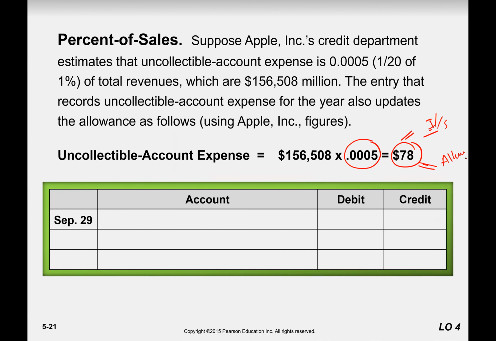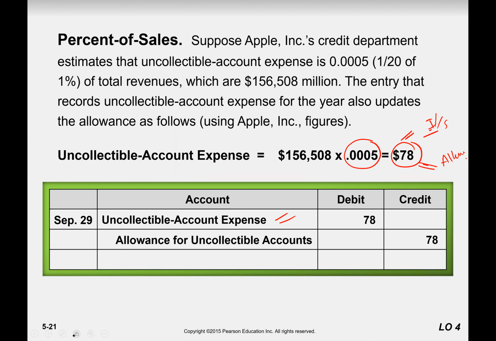So let's talk about this entry. The entry is going to be uncollectible expense to allowance for uncollectible expense, right? Understand? Uncollectible expense, expense increases, debit. Allowance for uncollectible expense increases because this is a contra account. A contra account increases with a credit, right?